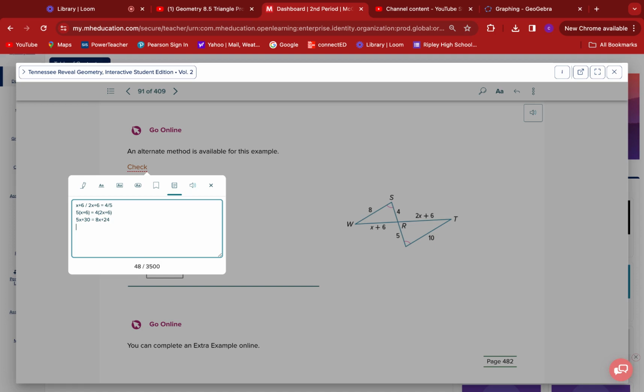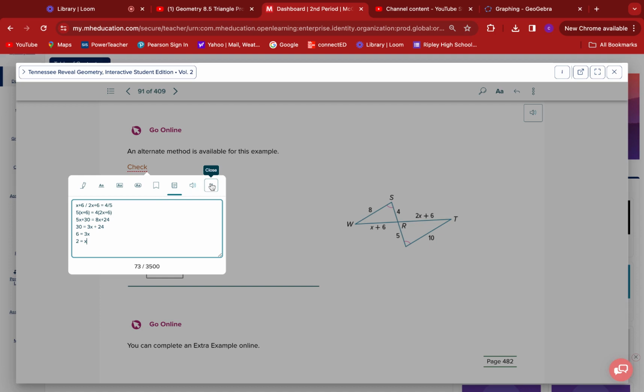Okay, let's see, subtract 5X to the other side. So 8X minus 5X is 3X. Subtract 24 to the other side, so 30 minus 24 is a 6. And divide by 3. So 6 divided by 3 is 2.